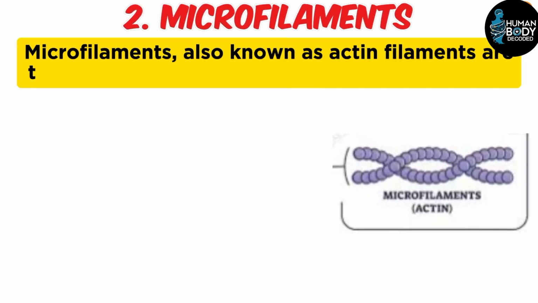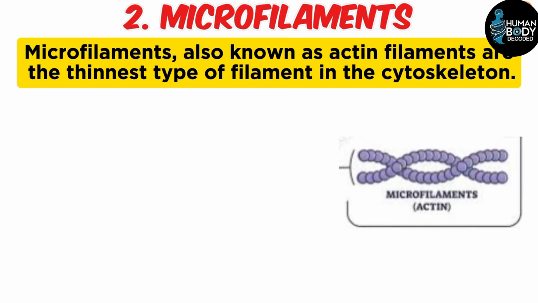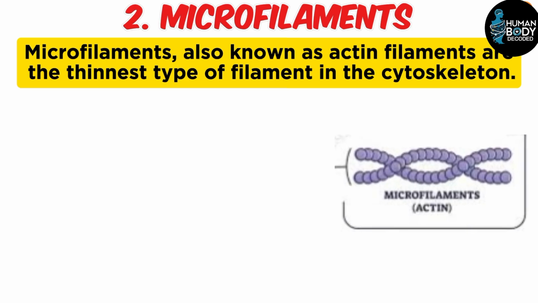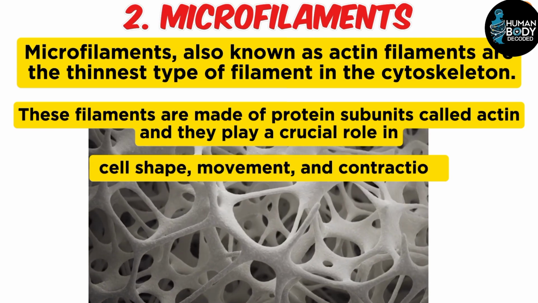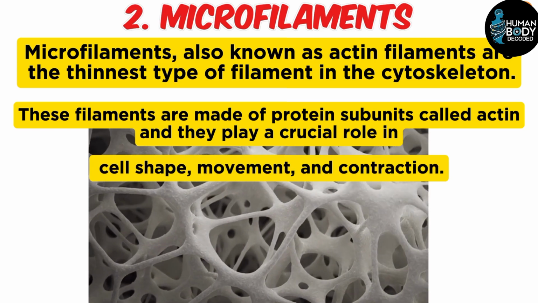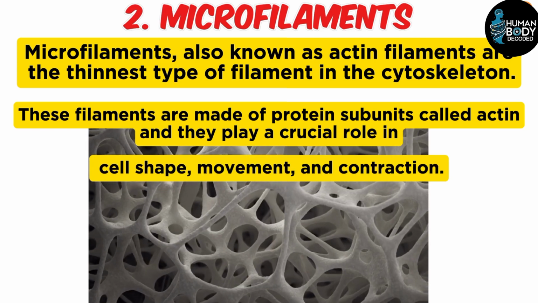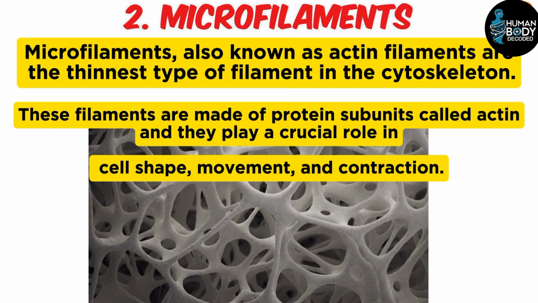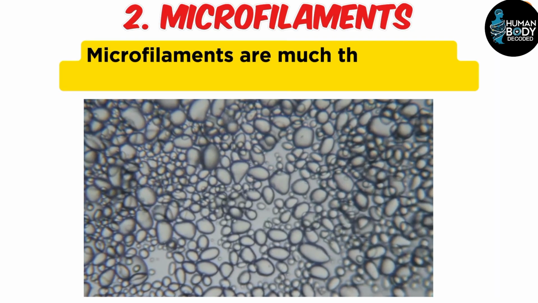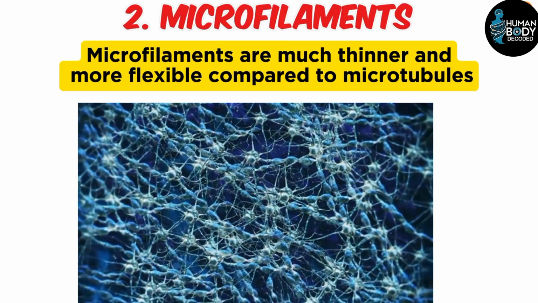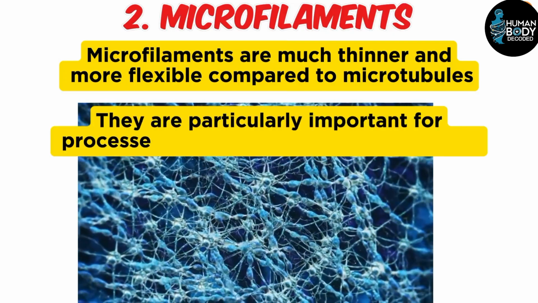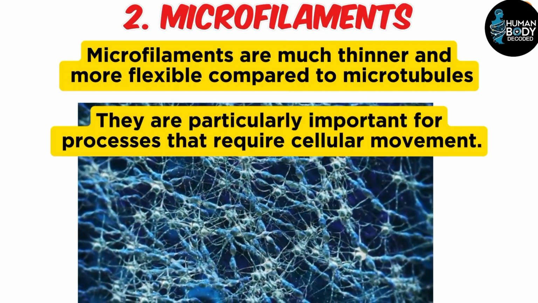Microfilaments, also known as actin filaments, are the thinnest type of filament in the cytoskeleton. These filaments are made of protein subunits called actin, and they play a crucial role in cell shape, movement, and contraction. Microfilaments are much thinner and more flexible compared to microtubules, and they are particularly important for processes that require cellular movement.